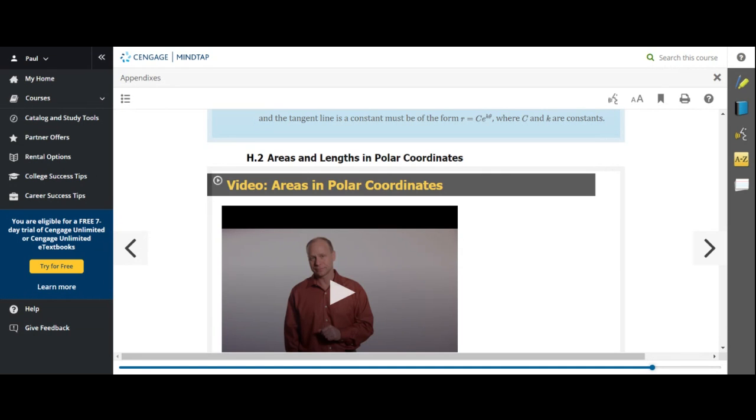But then we also talked about section H.2, where we found the area of the right-hand side of a region underneath a polar curve. The polar curve was r equals 4 plus 3 times the sine of theta, and we found the area under that polar curve.